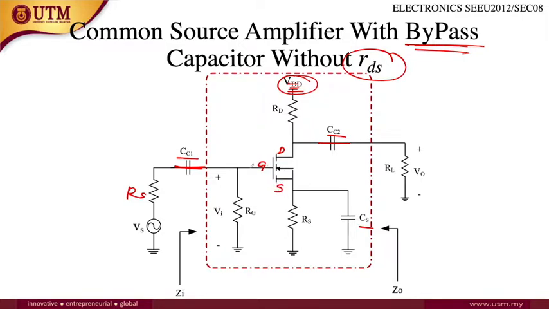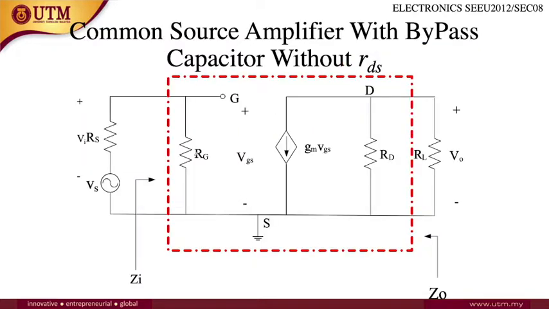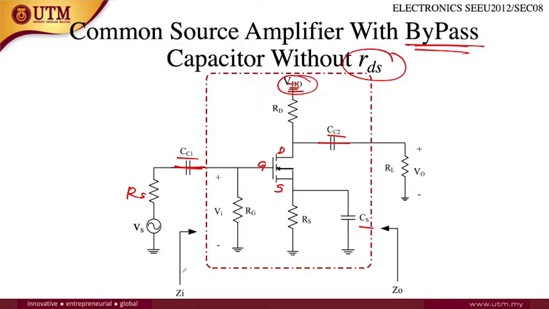It is connected to the gate, and parallel with this there is the RG resistor. What you need to pay attention to is where the input impedance and output impedance are. The input impedance is before RG and after RS, so RS is not involved when you calculate the input impedance.